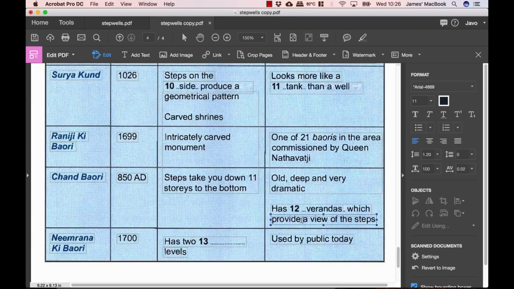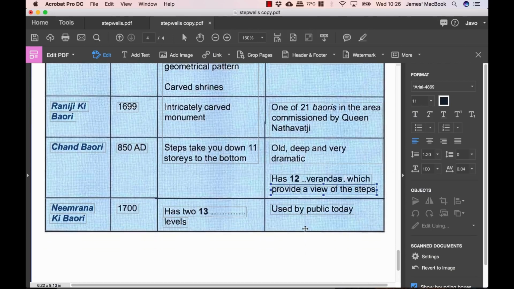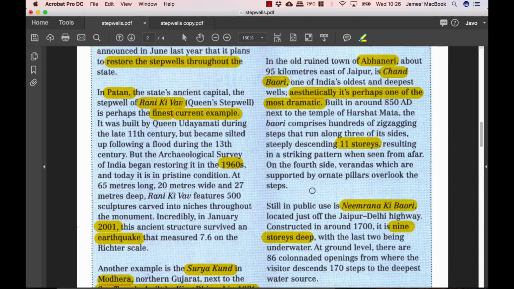And notice it would have to be a plural S. They're checking your grammar, because it wouldn't have provide, it would have provides if it was a single noun, singular noun. Okay, almost done.